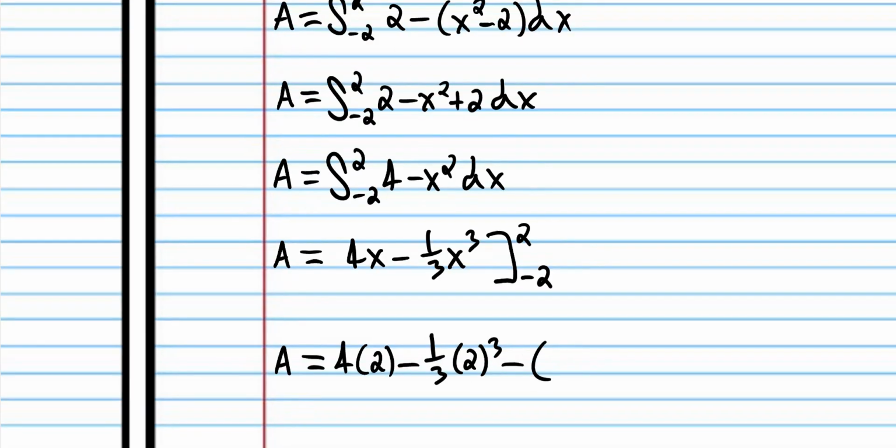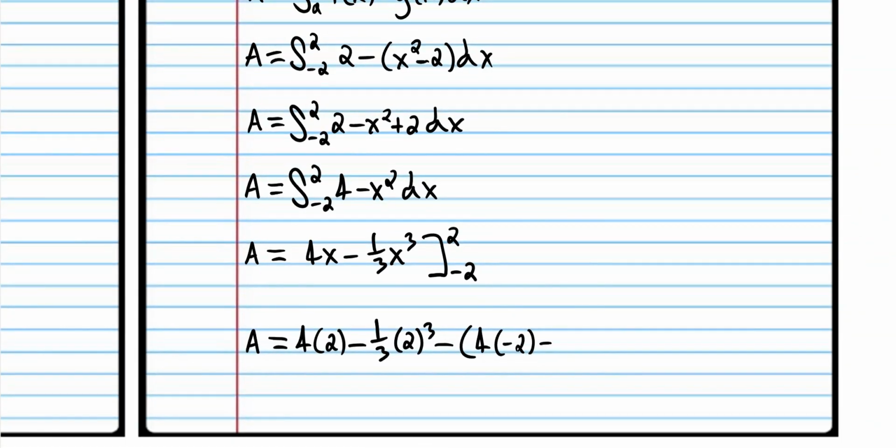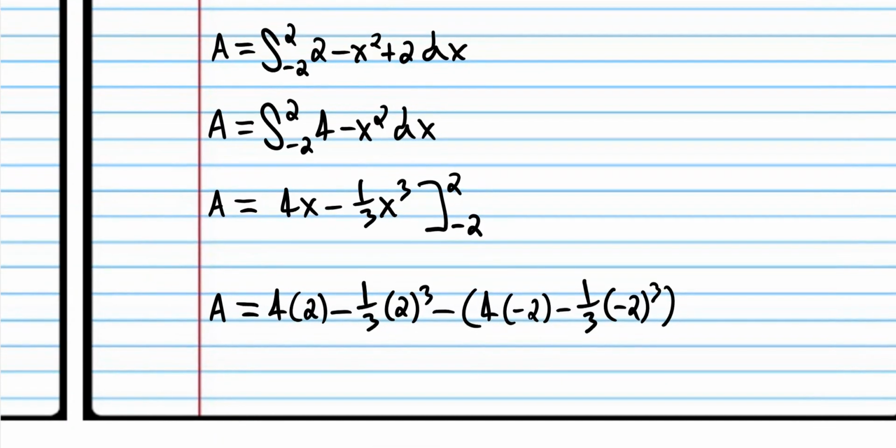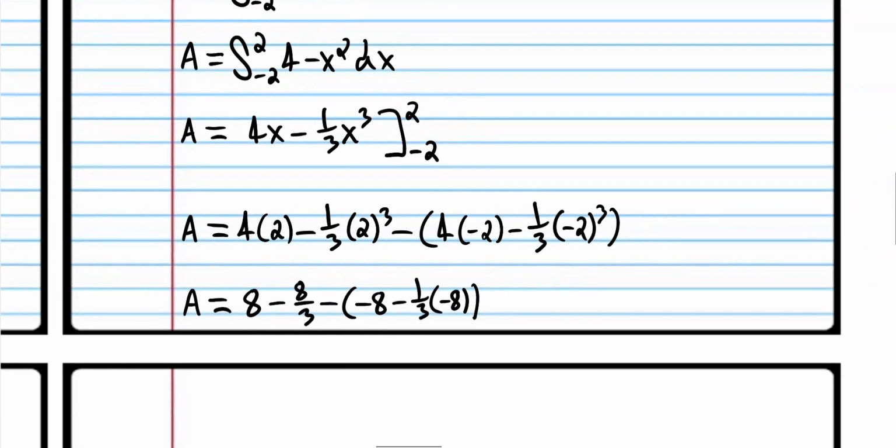Okay, so we're going to plug in 2 to our expression and subtract the same expression except with negative 2 plugged in. And we have 8 minus 8/3. We have negative 8 minus 1/3 times negative 8, and we don't really have enough room to show every single step here.